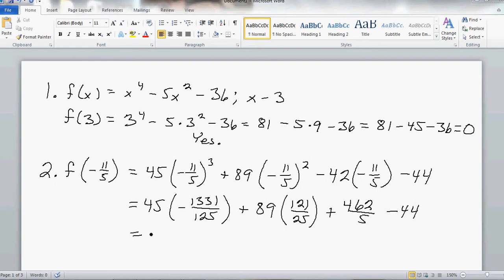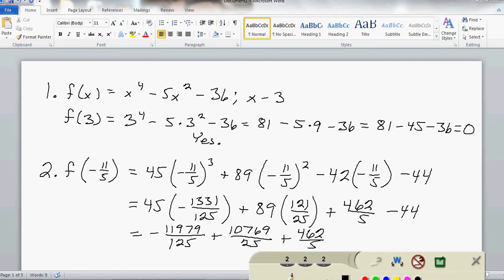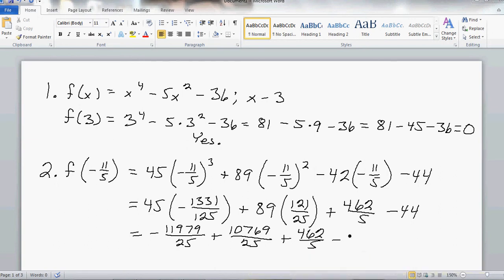Okay, now multiplying this out, we get negative 11,979 over 25 plus 10,769 over 25 plus 462 over 5 minus 44.